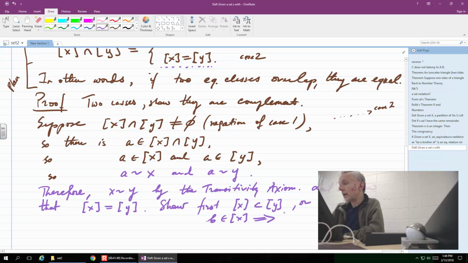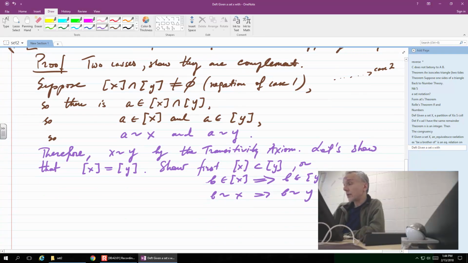Supposed to imply that B belongs to the equivalence class of y. Once again, unwrapping, B is equivalent to x implies that B is equivalent to y. It's true because, once again, of the transitivity axiom.